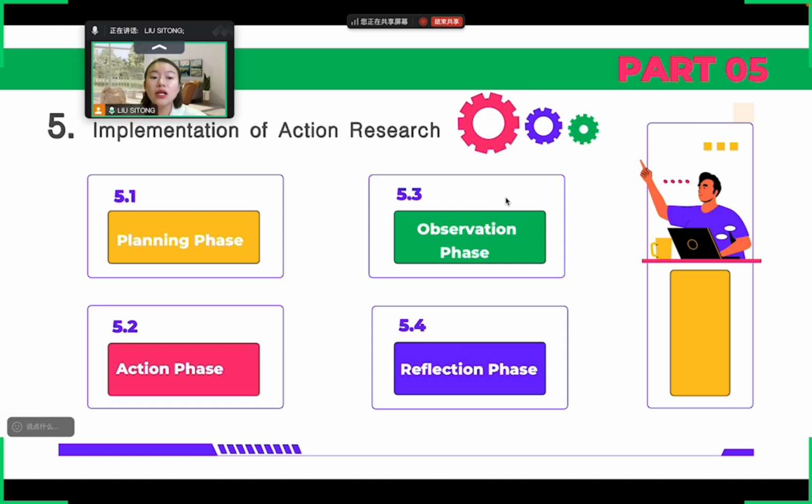And 5.4, reflection phase. After 4 weeks, the findings were as follows. TBLT significantly improved students' oral English skills, but had less impact on their test scores.